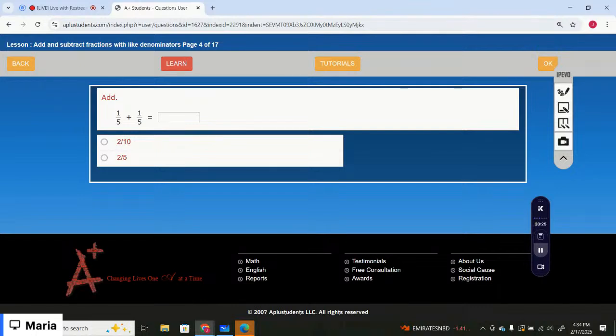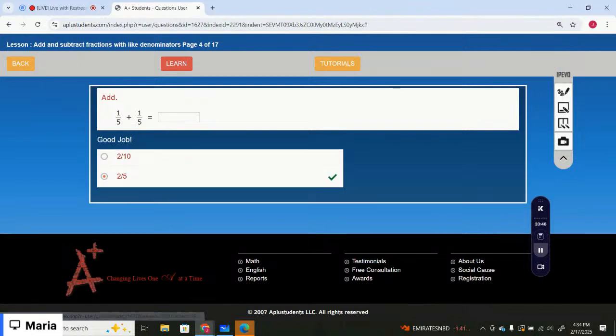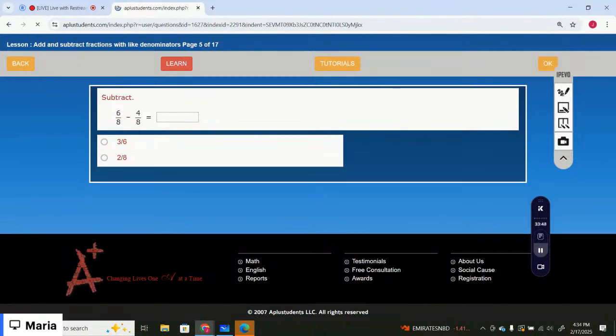One by 5 plus 1 by 5. That is 2 by 5. Option number 2 is the correct option. Very good. 6 by 8 minus 4 by 8.